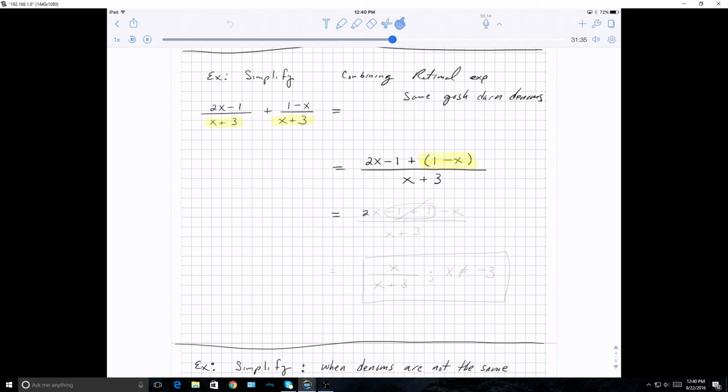So this would be 2x minus 1 plus 1 minus x, all divided by x plus 3. When we do the combinations, we can see that these terms go away, leaving us with just x divided by x plus 3, in which case we know that x cannot be equal to -3.